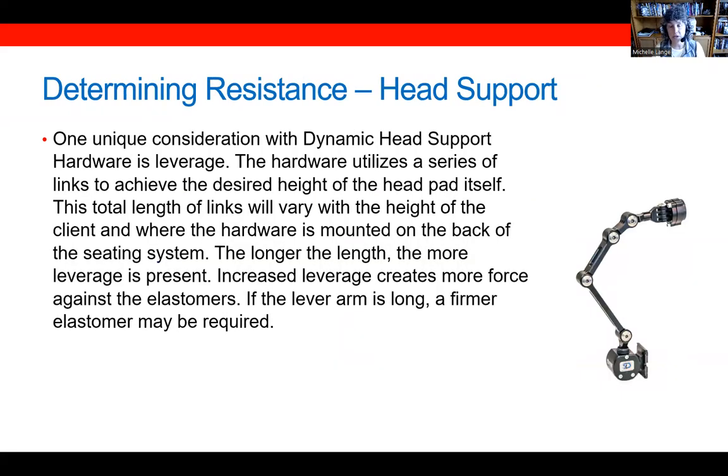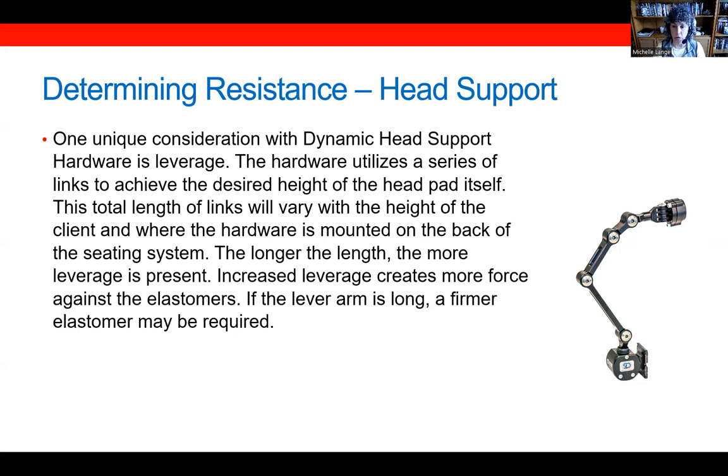Now, one unique consideration when we're looking at dynamic head support position and resistance is leverage. The hardware that Seating Dynamics uses is a series of links, and those links allow us to get the desired height of the head pad itself. So, depending on the client and what type of seating they have, the total length of these links is going to vary.